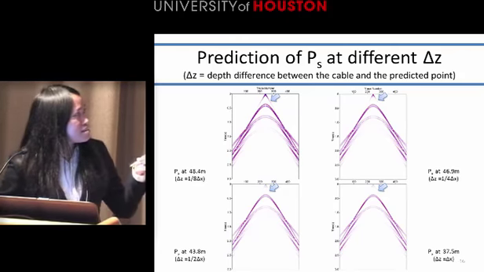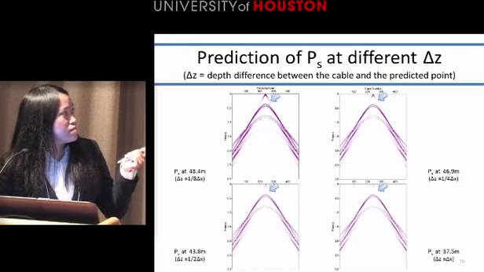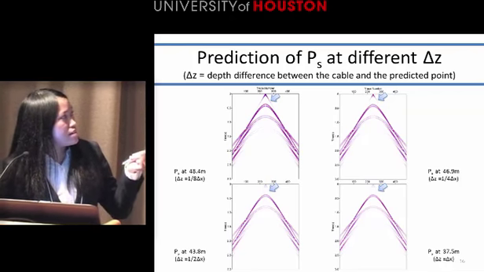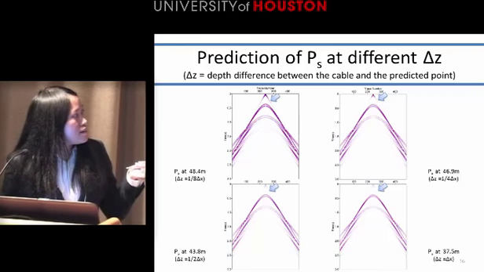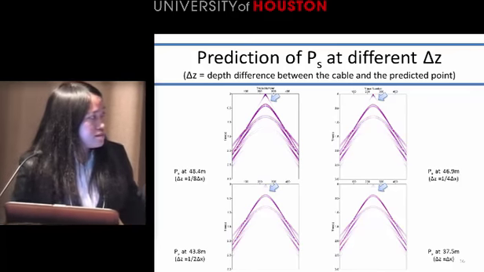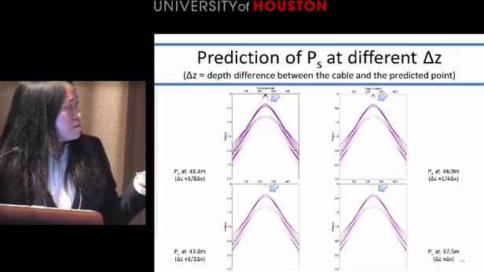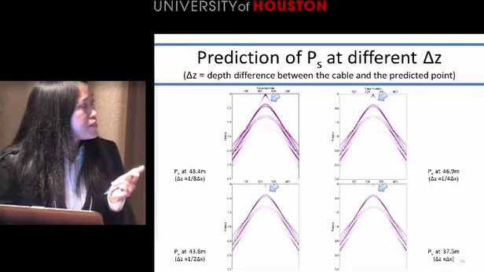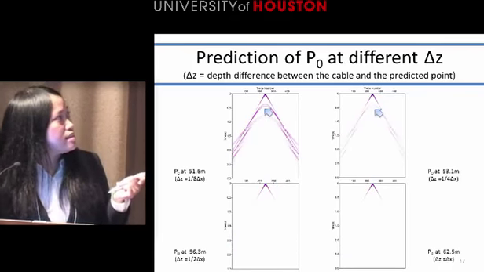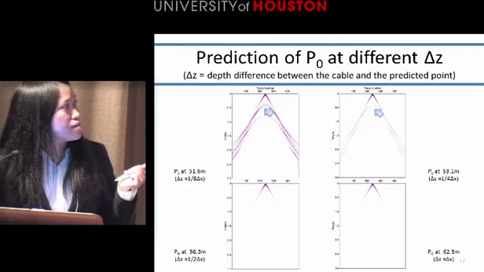For the first picture, we have delta z very small, very close to the cable, and you can see that in the prediction result there are more errors in the scattered wave. This event shouldn't be here. And if you move away from the cable, you have a more accurate result if you predict the scattered wave at more than half of the sampling. And the same holds for prediction of the reference wave. If you predict it very close to the cable, you have more errors.